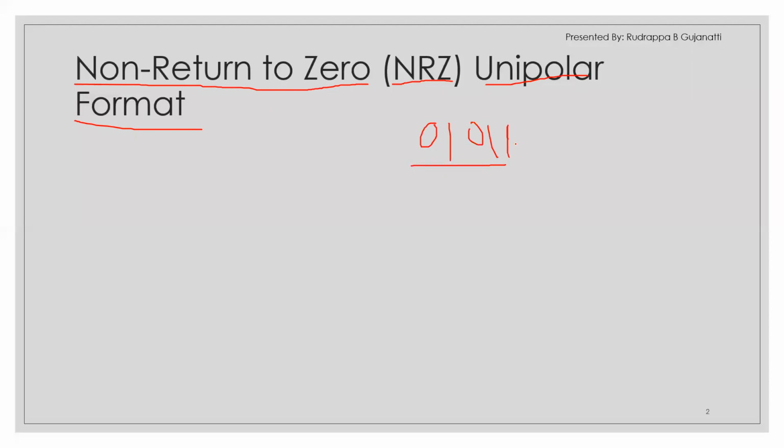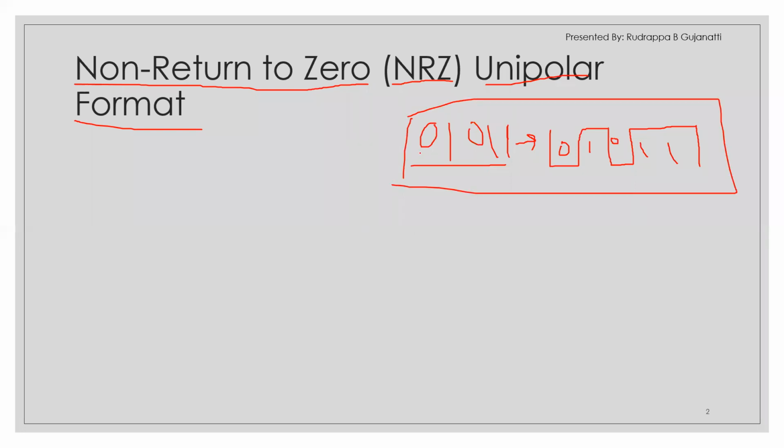So how is this represented in voltage form? That is what we'll be discussing here. I have written some binary values and their equivalent representation with respect to the voltage levels.